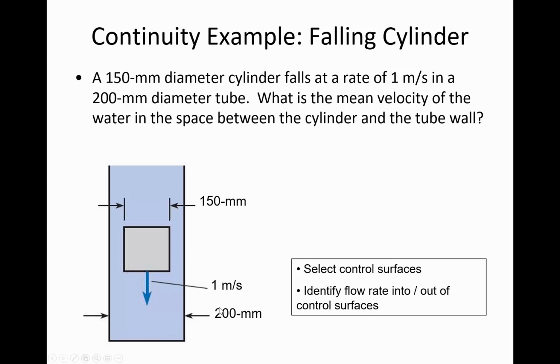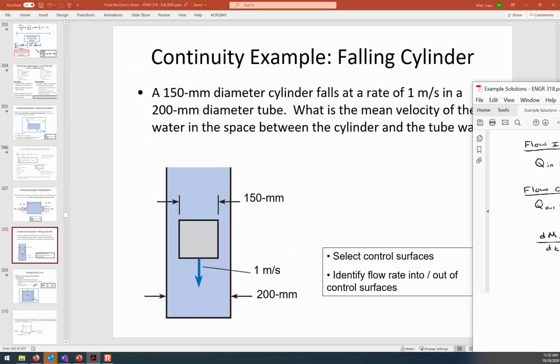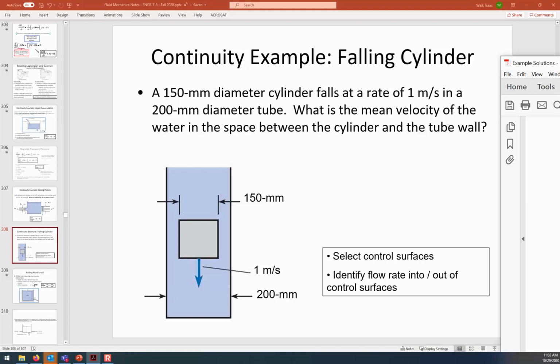And so let me just show you a picture. I'm not going to show you the whole solution quite yet because I'd like you to do these calculations, but let me show you what the control surface looks like that I drew, and that hopefully will give you an idea of how to proceed on the calculations.